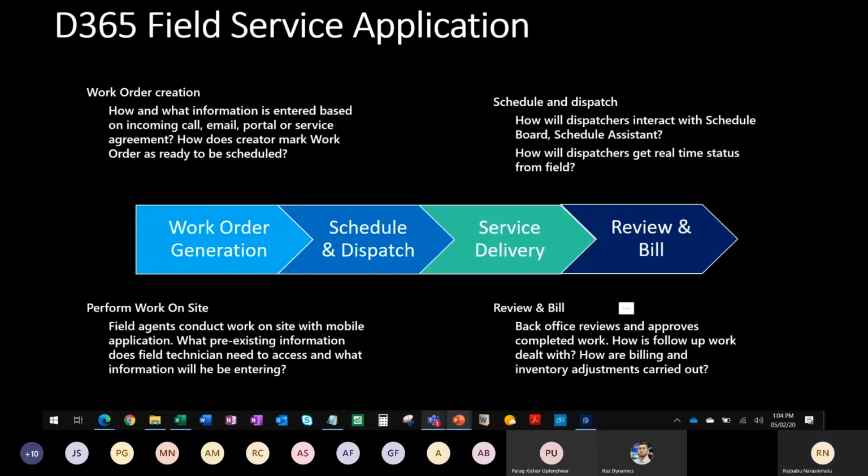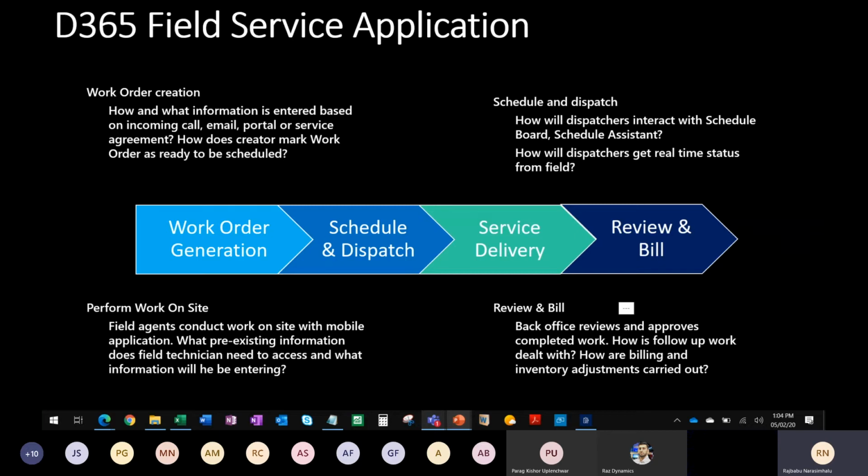All right, so what does a field service application look like, and what is a typical flow? When you call a field service company and ask for some service, they first have to create a work order based on your request.